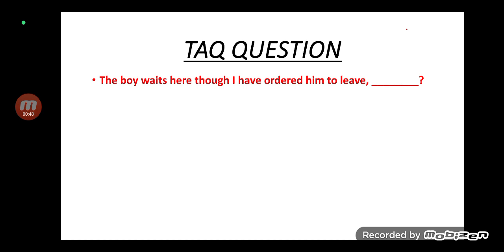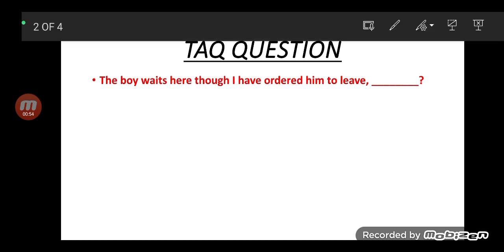The boy who's white-haired thought I have ordered him to leave. We can see here two subjects and two clauses. The boy is one subject and the other subject is I have. So which subject do we use in making the tag? Maximum students don't know how to make the tag question in this situation.